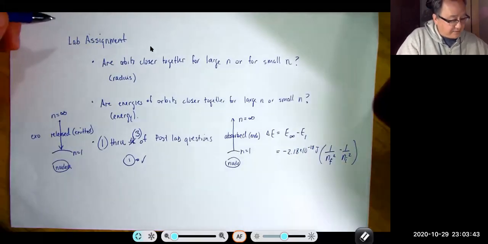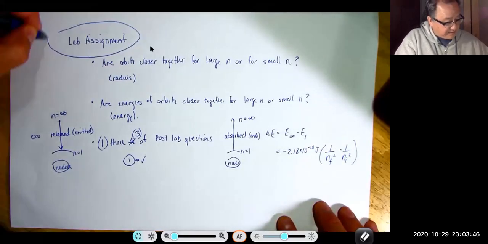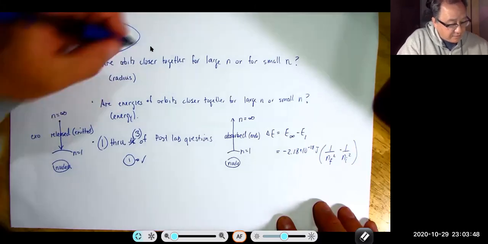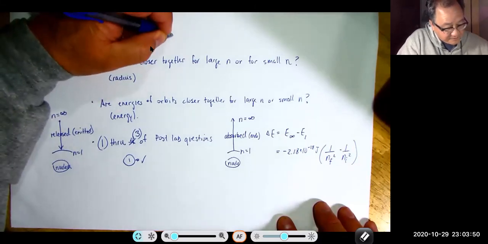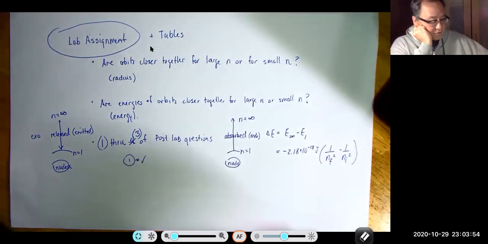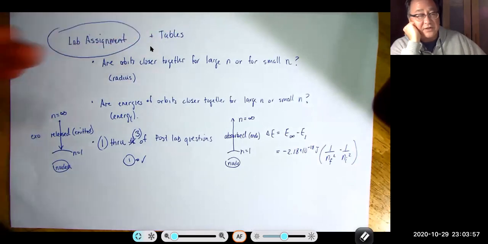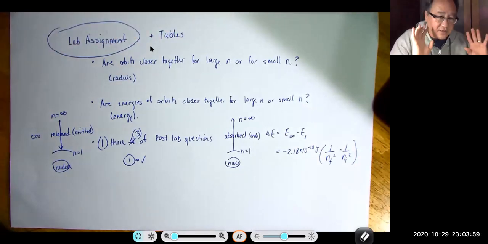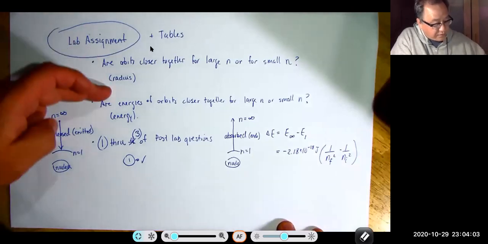So the lab assignment, I'm going to circle that, is going to be these things right here, plus the tables I asked for. Okay, and so half of your lab assignment is a duplicate of what you've already done in your lab notebook, so that'll make your life a lot easier. And then you have to answer these 1, 2, 3, 4, 5 questions.